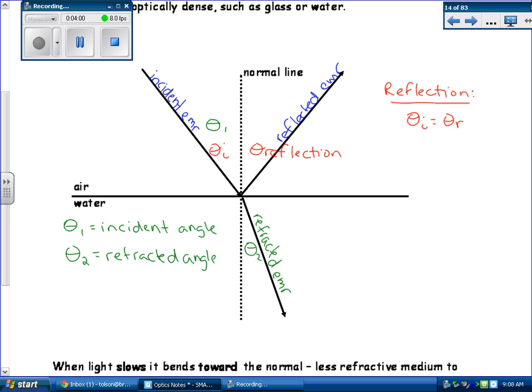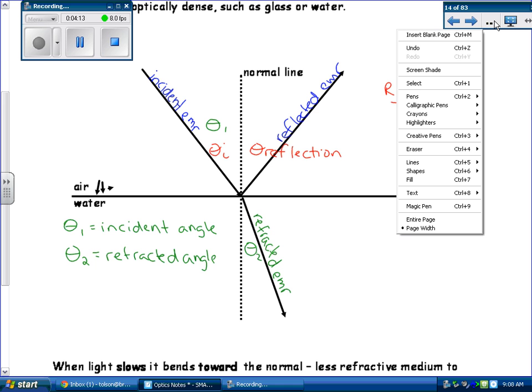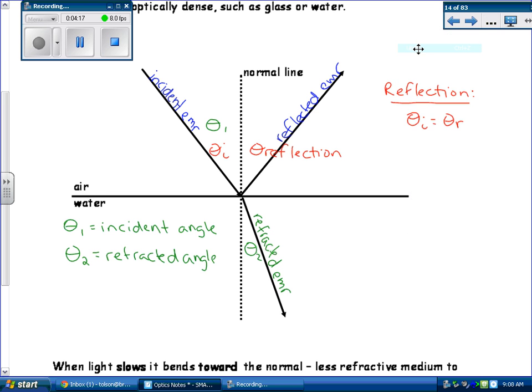Air is less refractive, the one that's here. Let's try that again. Less refractive.